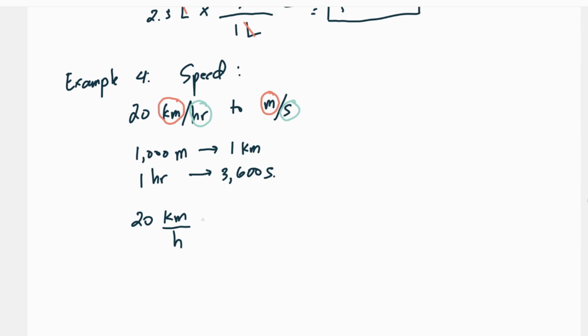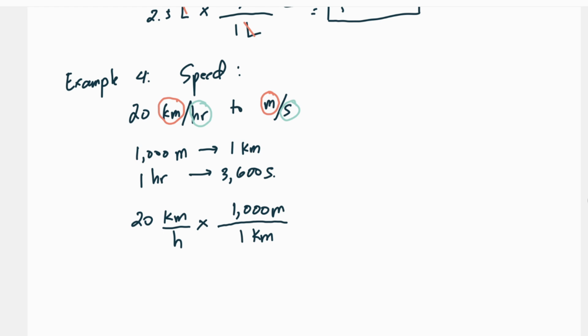First, I want to convert kilometers to meters. So what will happen is I'm going to multiply this number in such a way that I could cancel the kilometer unit. So in this case, I'm going to put the kilometer unit below. Okay? So, what will happen now is I'm going to put 1 kilometer and then this would become 1,000 meters here above.